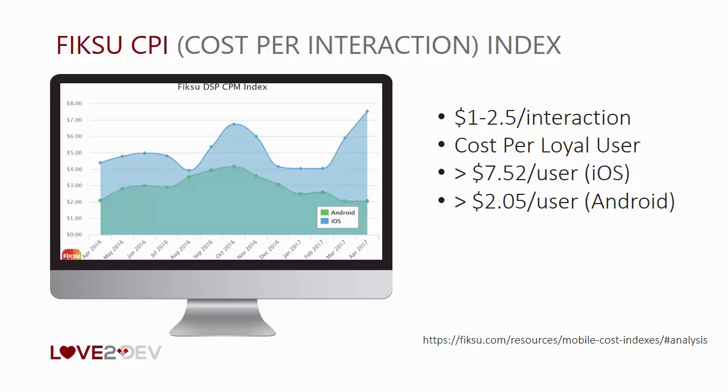Some of the newer numbers that I've looked at are even higher. So it costs between $1 to $2.50 for an interaction to possibly even get somebody to download your mobile application. But to actually get somebody to really use your app on iOS, you're looking at nearly $8.